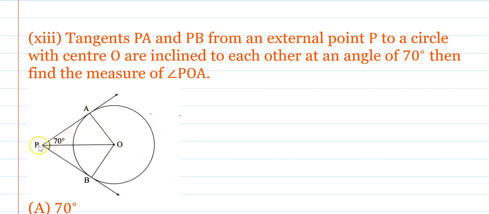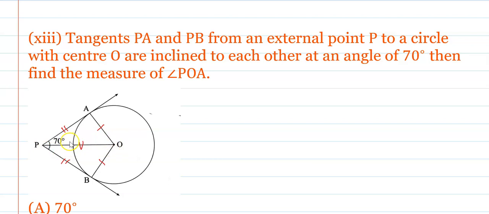When we are given an external point, these are the lengths of the tangent segments. Both are equal when we draw the tangents from the external point of a circle. The lengths of the tangent segments are equal. Next, OA and OB, these are the radius. PO is common.